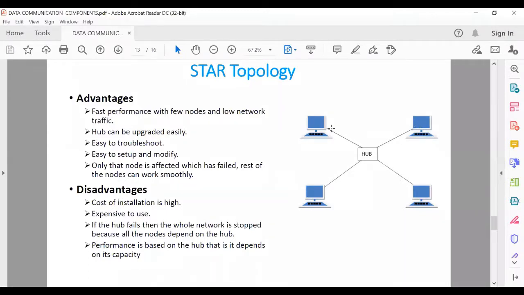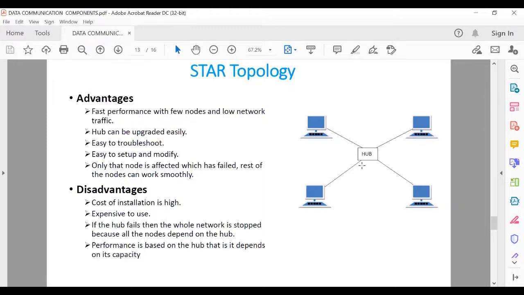All others are connected in the same way as it was. The rest of the nodes can work smoothly. So the total network is not disturbed in any way. The node which has failed is disconnected only, and other nodes stay connected in the same way.